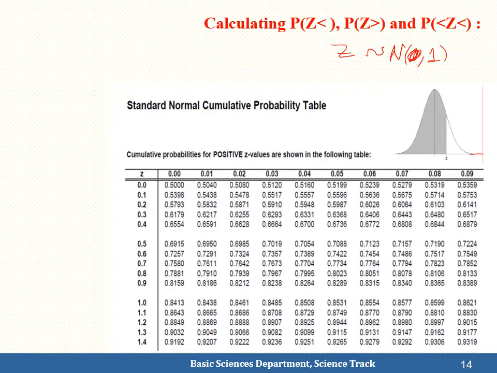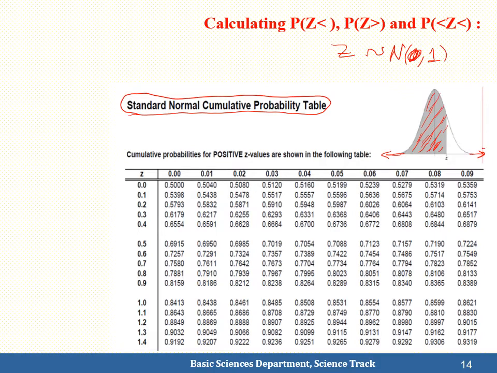For this reason we don't use a calculator, or we can use computer software, of course, but we generally use a standard normal cumulative probability table for this distribution. We will learn how to use it, and there's a graph here. As you know, this area corresponds to a probability or the percentage of the data for some specific region.